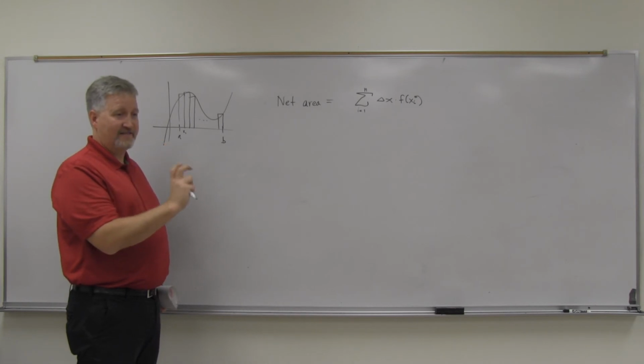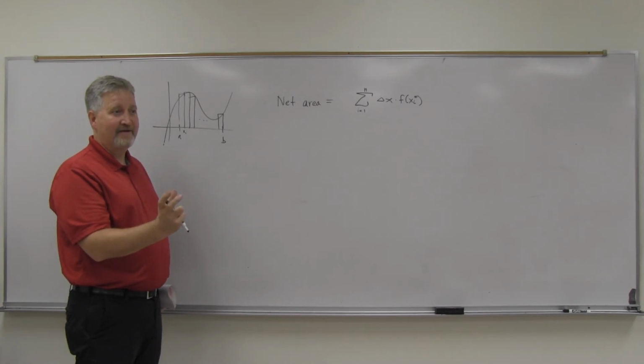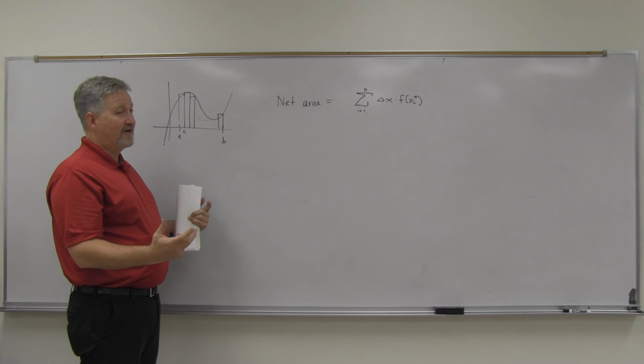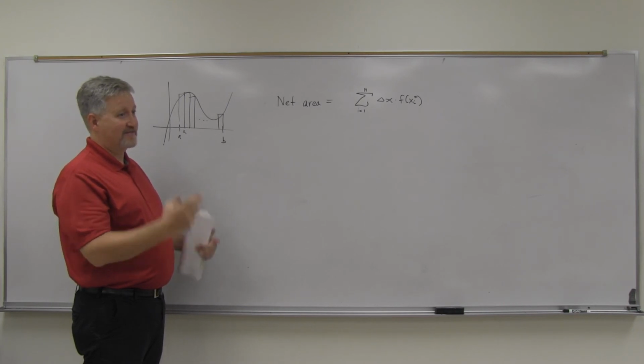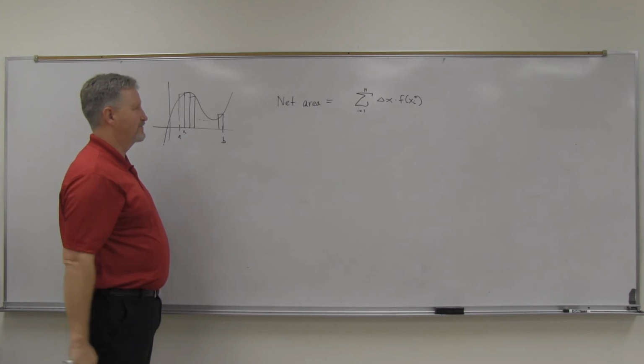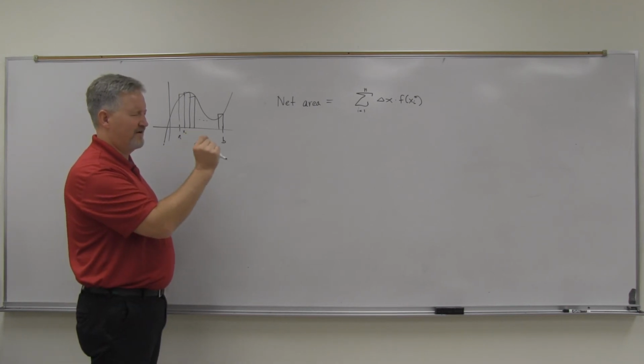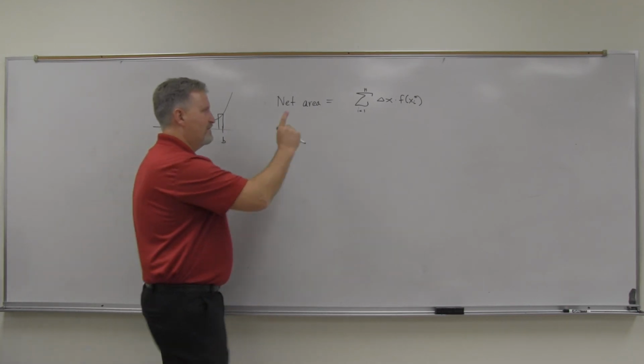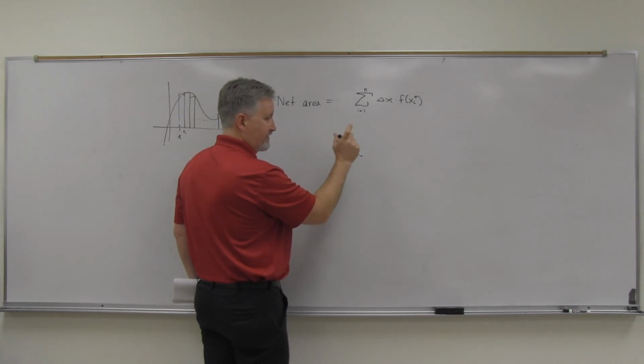To get it precisely, as we talked about last time, I'd need infinitely many rectangles, because even 1,000 rectangles puts a small amount of error in. If I could do infinitely many, I could get rid of that.